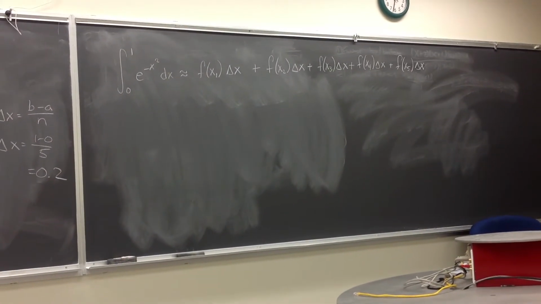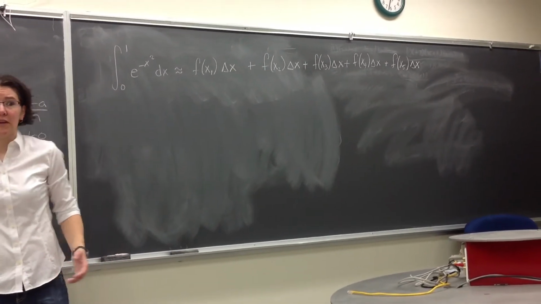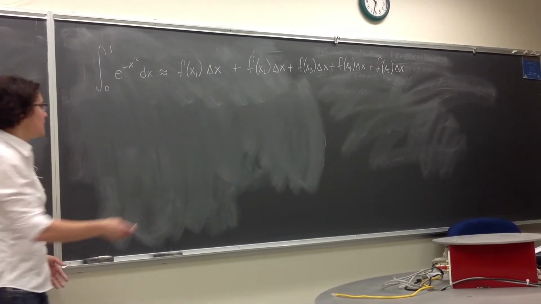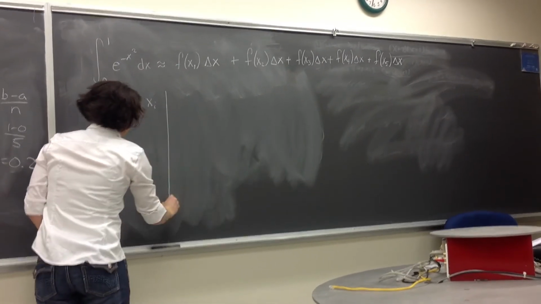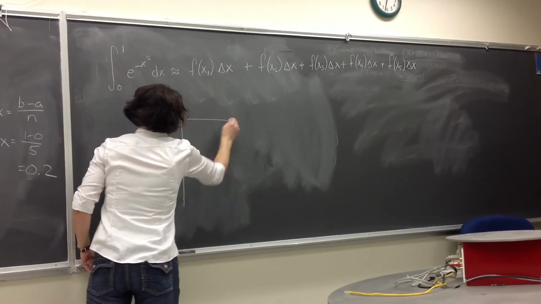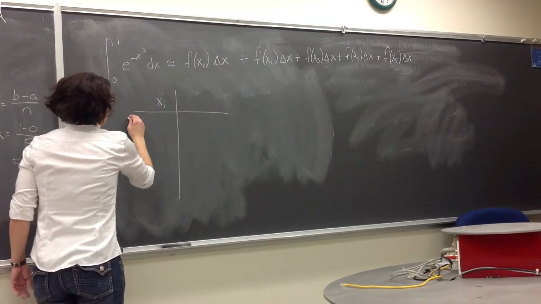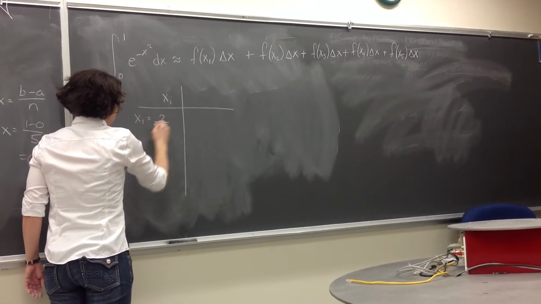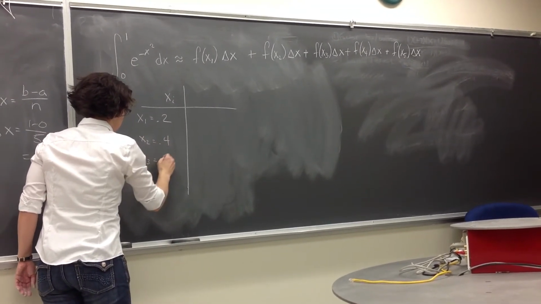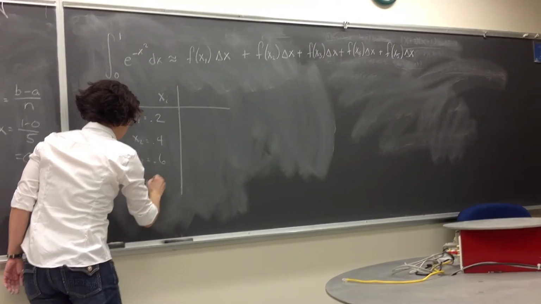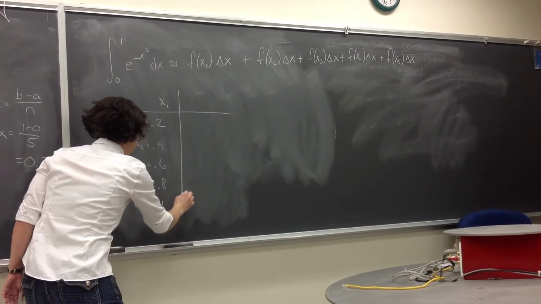All right, so now we've got to have some computations here. So what I'm recommending is that we end up making a table. You can set up your computations any way you want. I'm going to set up a table so that I have 2 columns, where my first column is the xi's, and so I'm going to have x1, which is 0.2, x2, which is 0.4, x3, which is 0.6, x4, which is 0.8, and x5, which is 1.